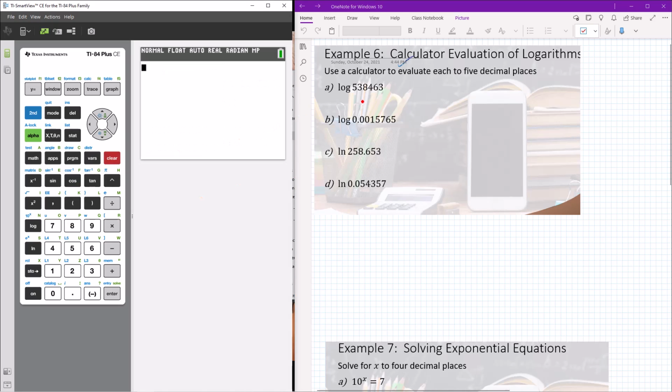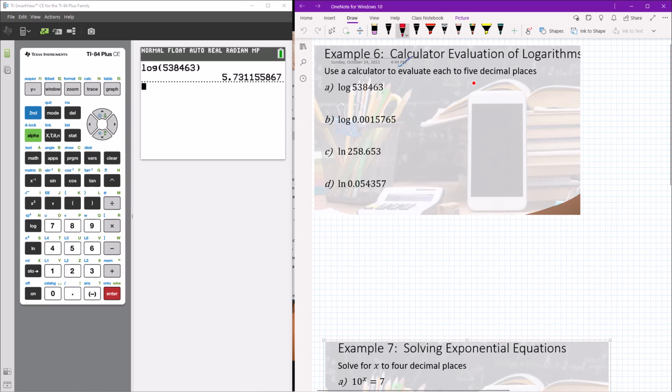Okay, so the first one is the common log base 10 of 538,463. Well, that's pretty straightforward. We just hit log right there, 538,463, close the parenthesis. You don't have to. Hit enter, and our answer is right there.